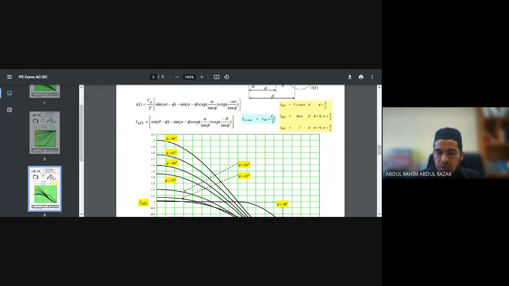So where do we want to use this I SCR maximum? I SCR maximum is a reference for you all to select your SCR, silicon controlled rectifier, from the manufacturer. When you design your circuit, you have to buy your device, your SCR or your diode or your MOSFET. So this determines the spec of the diode or the SCR that you need to buy.